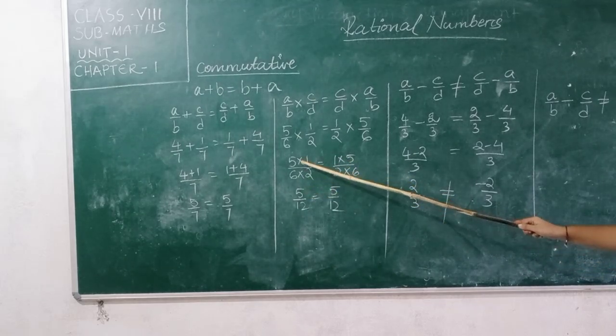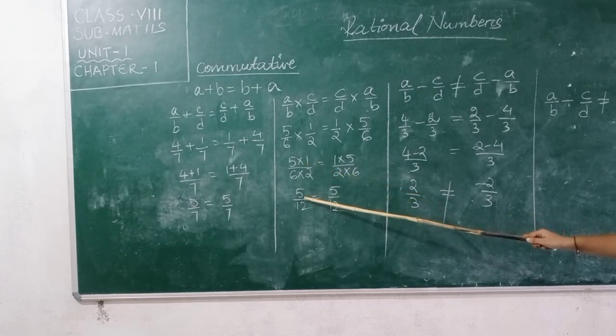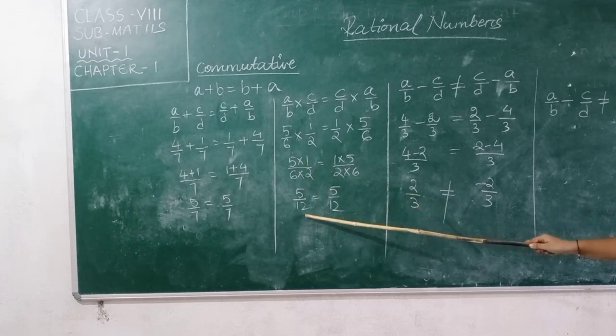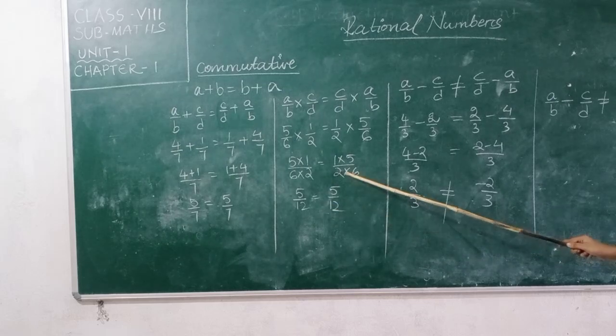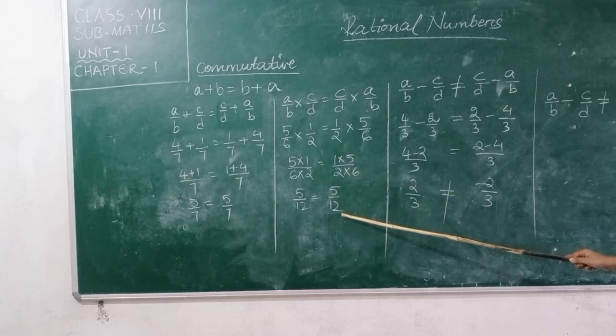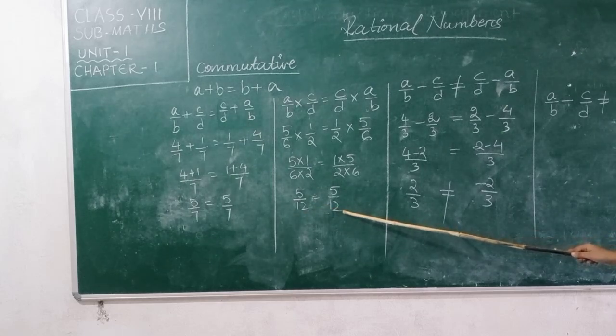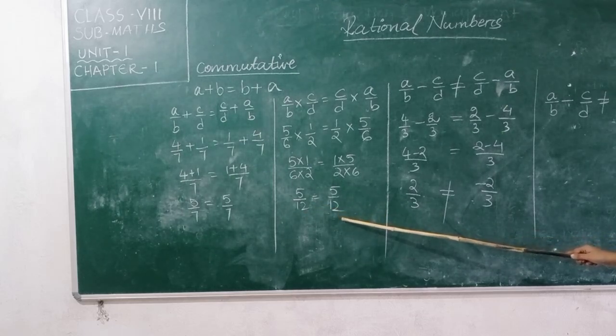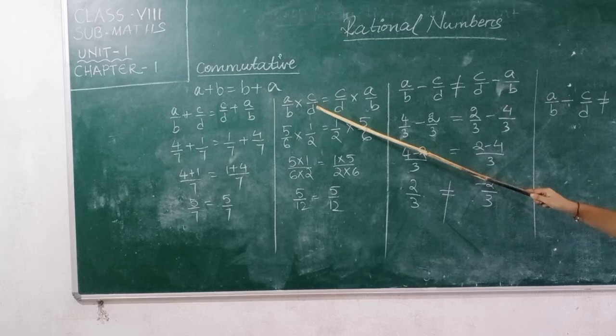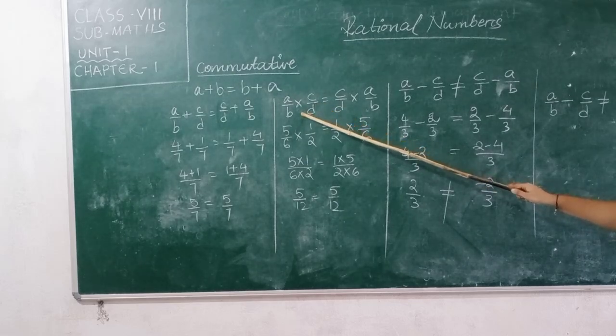So 5 into 1 is 5, 6 into 2 is 12, so 5 upon 12 equal to 1 into 5 is 5, 2 into 6 is 12, 5 upon 12. Here also we got LHS equal to RHS. So the commutative property also holds under multiplication.